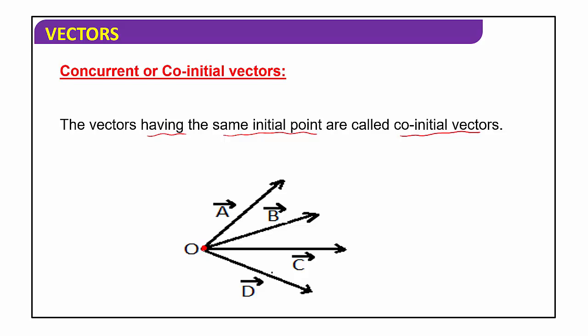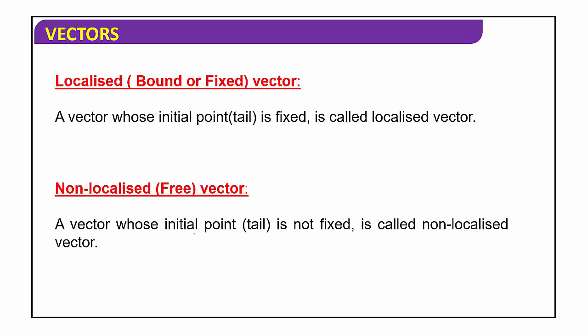From the point O, all these four vectors are moving: O to A, O to B, O to C, O to D. The vectors having the same original point or initial point, we call them co-initial. Co means what here? Same initial point.